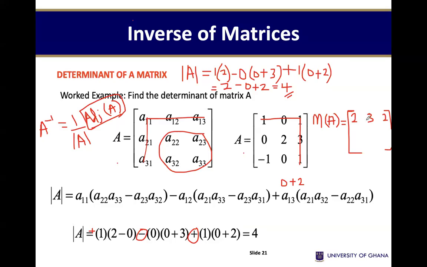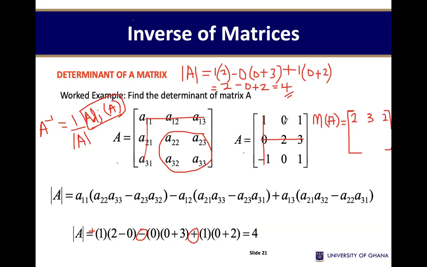So this is M11, M12, M13. I'm left with the second row, which is M21, M22, M23. So that goes with the same approach. So let's see how the cross will be done. Please pay attention here. So I pick that. And then because it's going to be on this side, I'm going to cross like this. And I'm going to cross like this. So I'll be left with 0, 1, 0, 1.